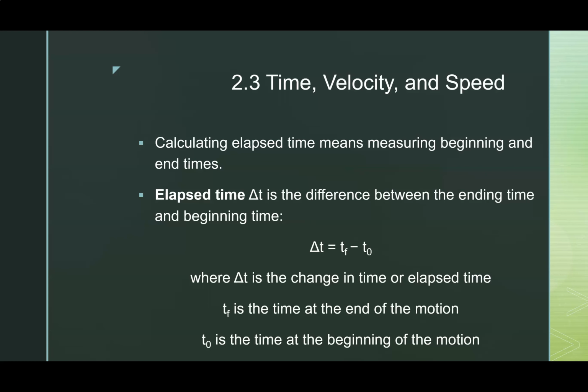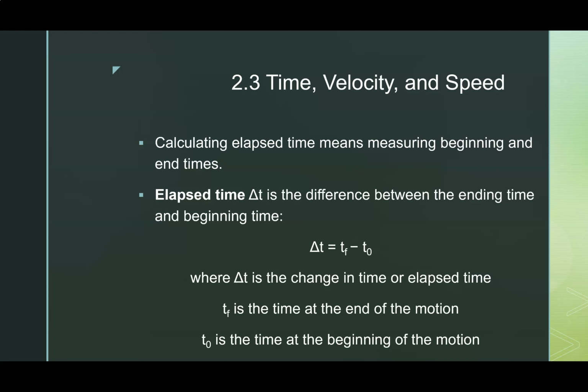All right, so then if we talk about delta t, remember that delta means change, then what we're doing is taking the final time from whatever motion we're looking at minus the initial time. Every time that we're analyzing, we are looking at an initial and a final. The initial, however, can always be defined as 0.